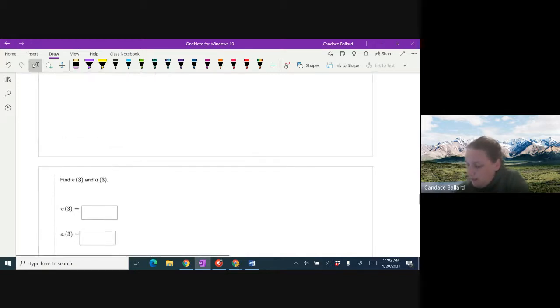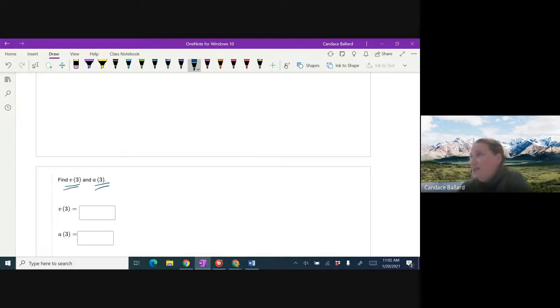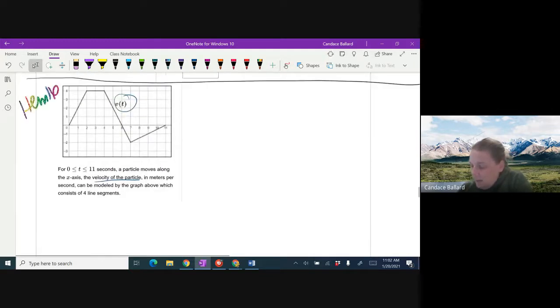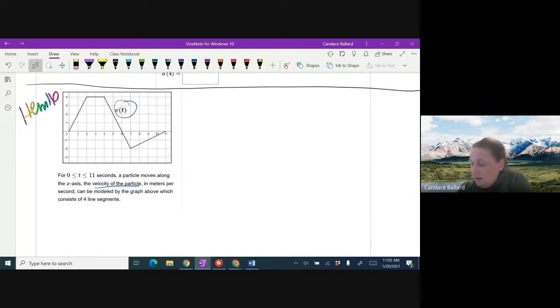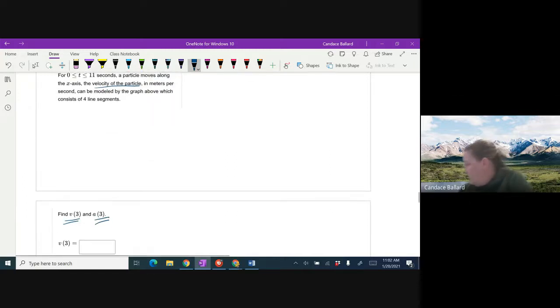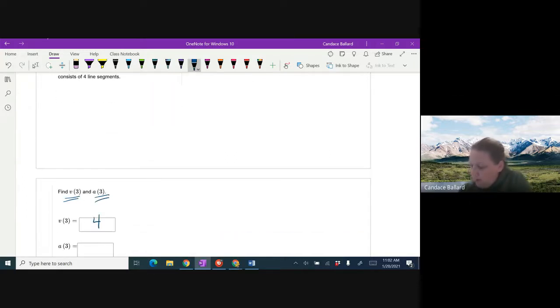So it says that in the first question, we have to find the velocity at 3 and the acceleration at 3, okay? So to find velocity, I'm going to go to my graph. I'm going to go to 3, and I'm going to read the y value off the graph. So I'm seeing a 4 there. So the velocity on this one should be 4. Okay.